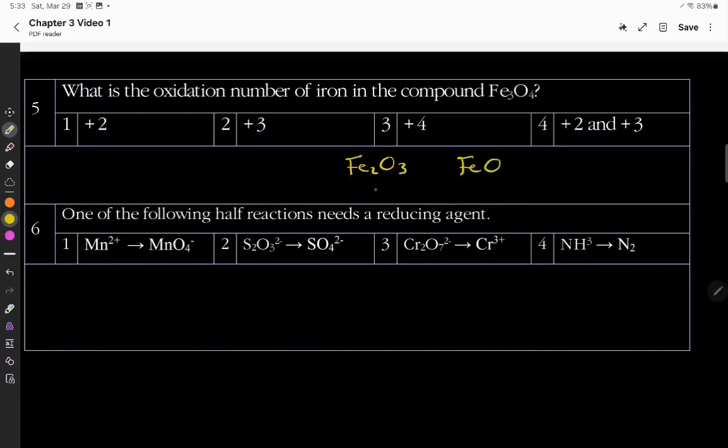The oxidation number of this is 3 positive and this is 2 positive. So what is the oxidation number of them both? It will be 3 positive and 2 positive. Do not calculate it like any element, because this has a special case which is 2 positive and 3 positive. The answer should be number 4, which is 2 positive and 3 positive.